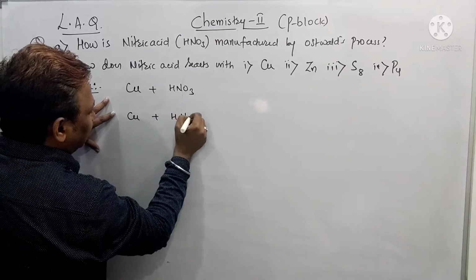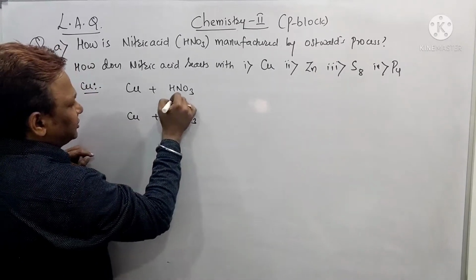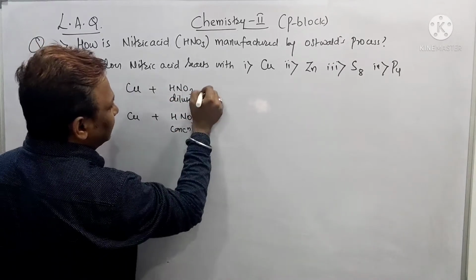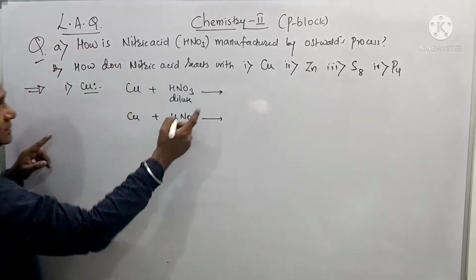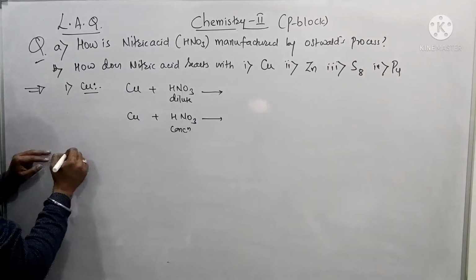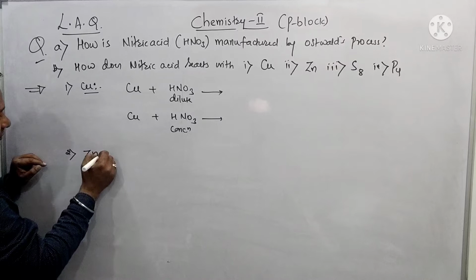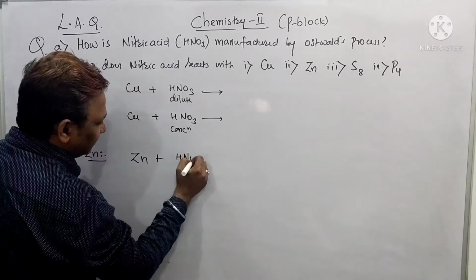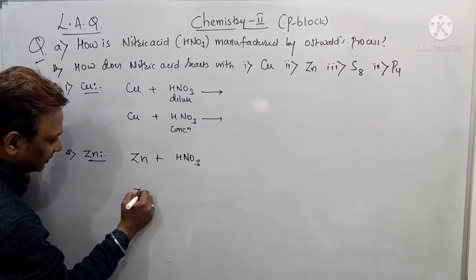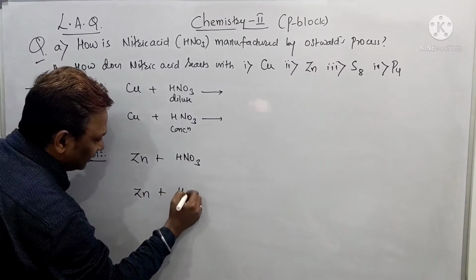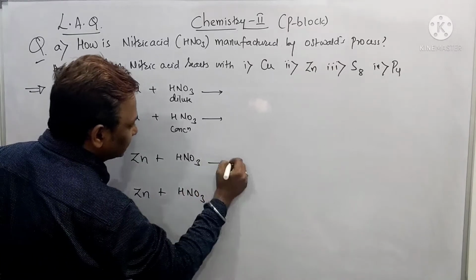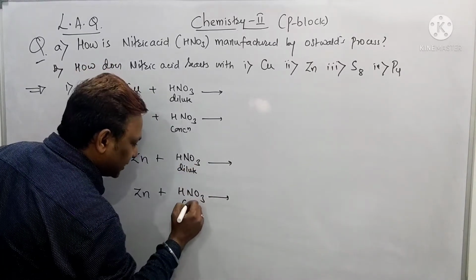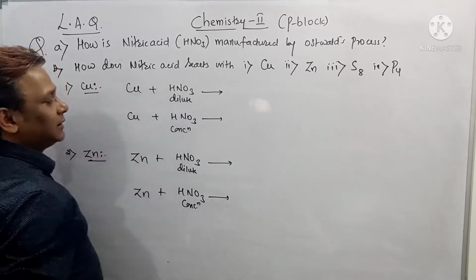Copper reacts with nitric acid, but the first one is dilute and the second one is concentrated. Second one is zinc, beta. I will write here Zn, zinc. Sir, zinc reacts with nitric acid. But you should write 2 times here. Zinc reacts with nitric acid. Is it clear? The first one is dilute nitric acid and the second one is concentrated nitric acid.